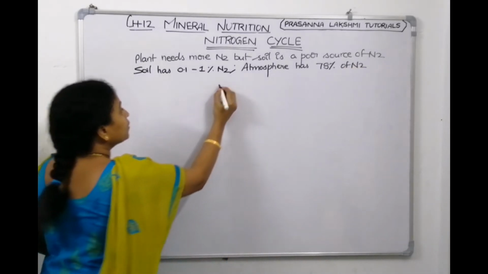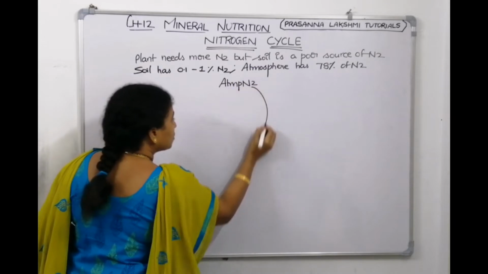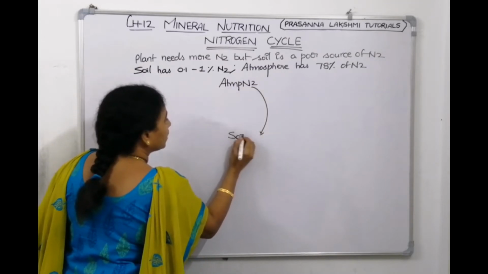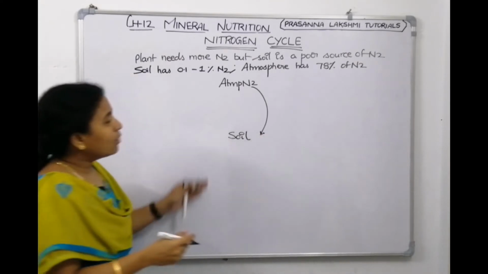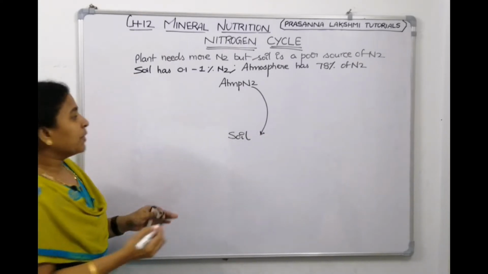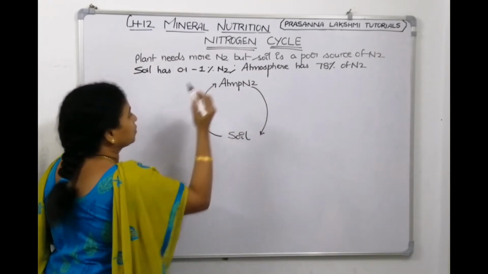So the atmospheric nitrogen comes into the soil. Who is doing this? Microorganisms. And from the soil, again the nitrogen goes to the atmosphere.